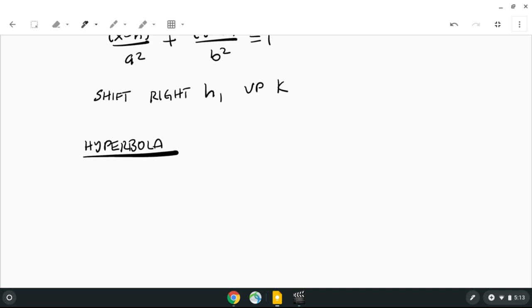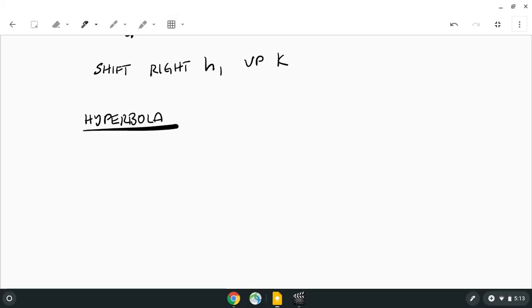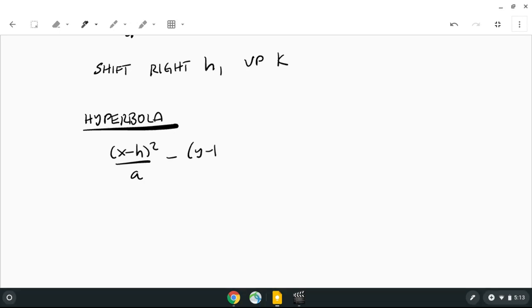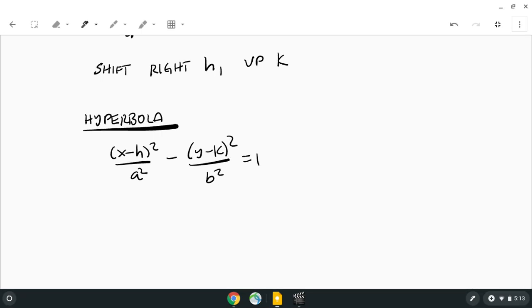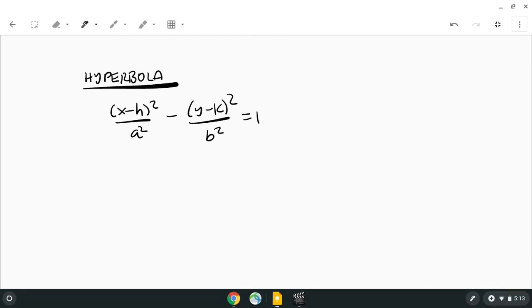We have two equations here. We have x minus h squared over a squared minus y minus k squared over b squared equals 1, and we have the one where the y is first, or positive.